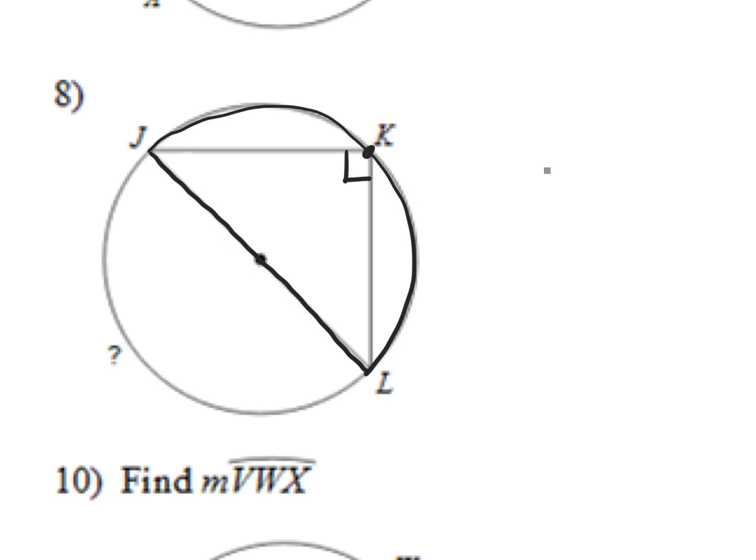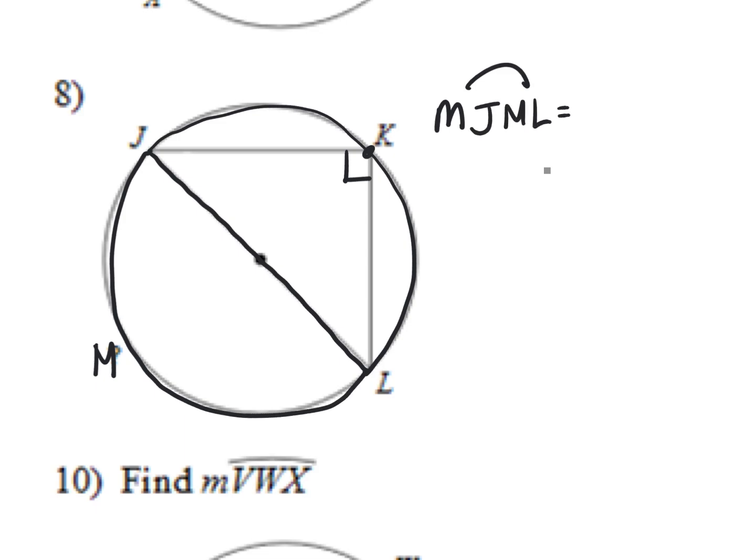Let's name this one JKL, and this is M. So the measurement of arc JML is going to be 2 times the measurement of angle JKL, which is 2 times 90 degrees.